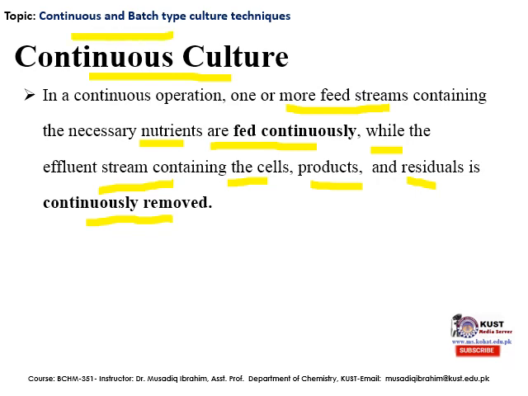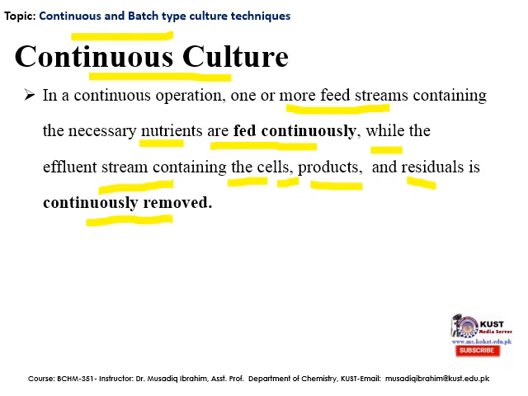So in case of batch culture, the media is introduced into the fermentation tank at the start of the fermentation process, and the high value products or the cells are collected at the end of the run.